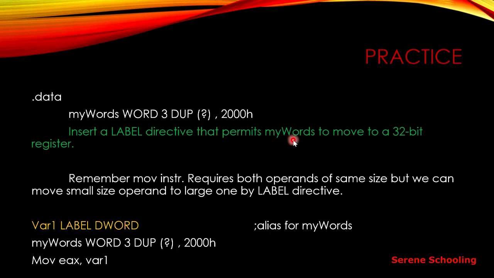We are moving the 16-bit, that is the smaller number, into a larger destination, right? Now, since I have used dword over here, it doesn't matter now that its original type was word. Now it is dword. Although its own type is word, by this variable one I can access its elements, and its type will be dword.